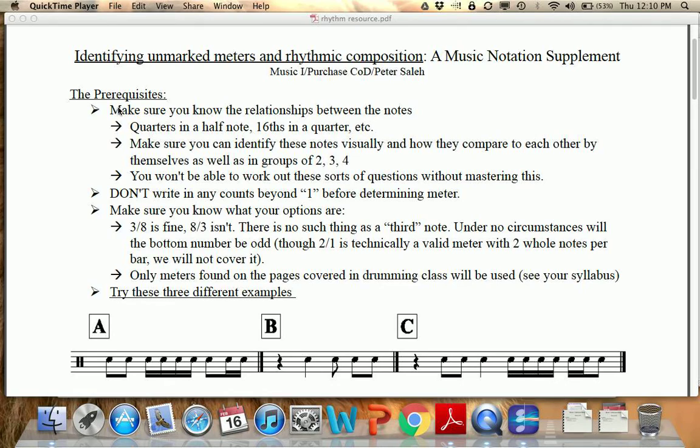You have to know, you really have to know how to identify the basic note values. If you don't know what a quarter note is or how many eighth notes go into a quarter note, stop right here, go review that, unpause the video, then keep watching and listening. Make sure you know what they look like.